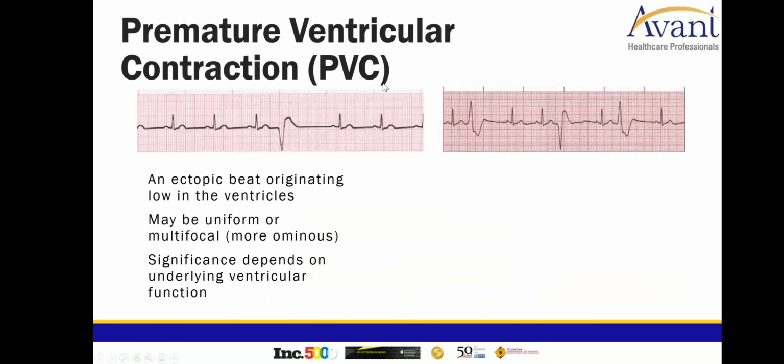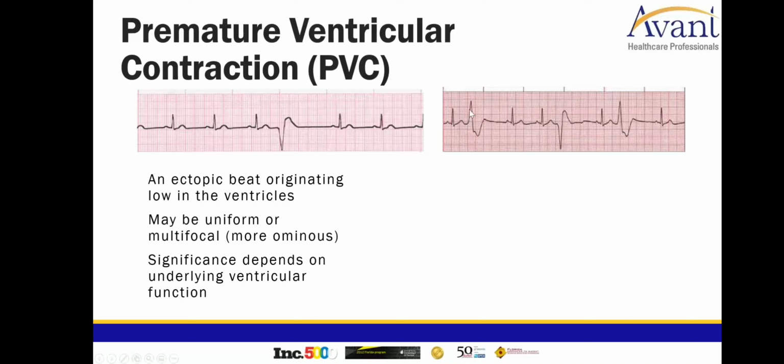So we can have what we call uniform or unifocal PVCs, where the PVCs look alike. They're all coming from one focus. Remember, we said that one impulse in the ventricle is creating this beat. Or we could have multifocal PVCs, like in this example.